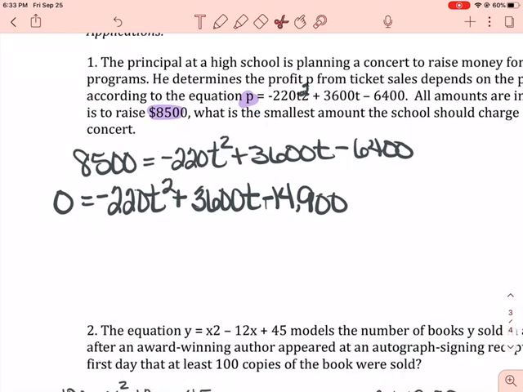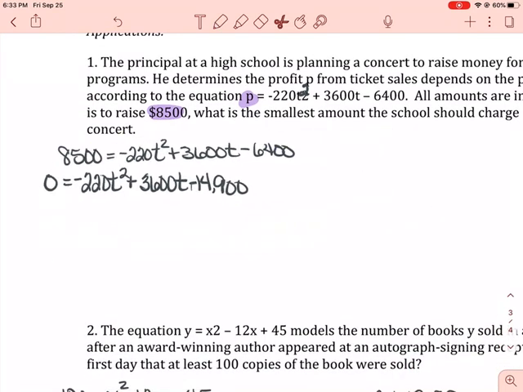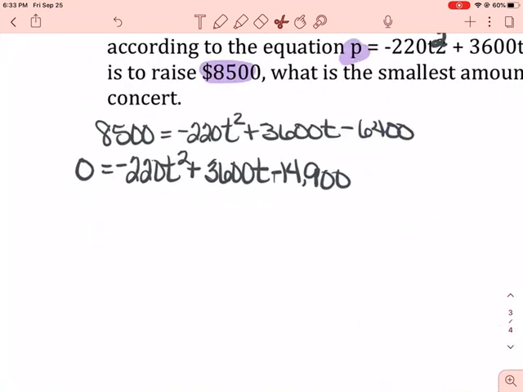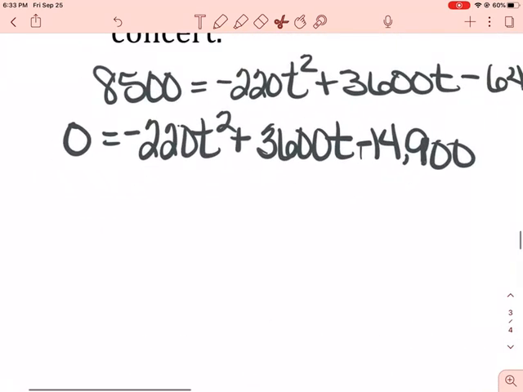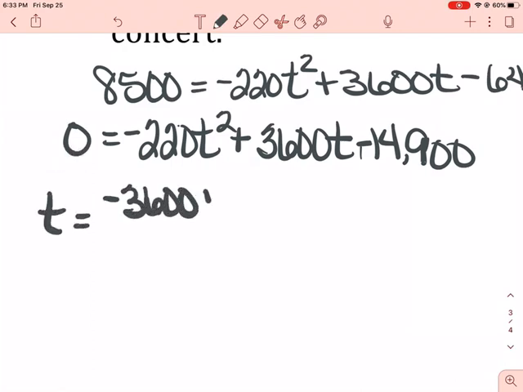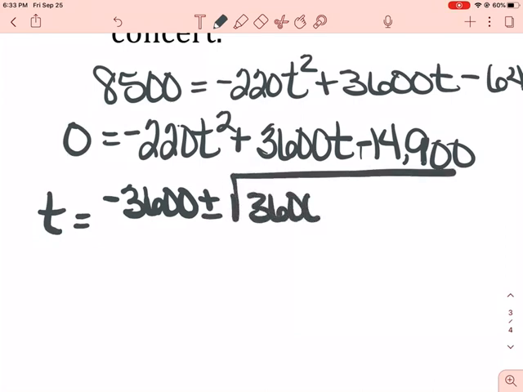Okay, 14,900. All right, so as usual, I'm writing a little bit too big. Okay. All right, so now I'm going to apply the quadratic formula. In this case, it's going to be T, which is fine. Definitely going to need our calculator for the computations here.